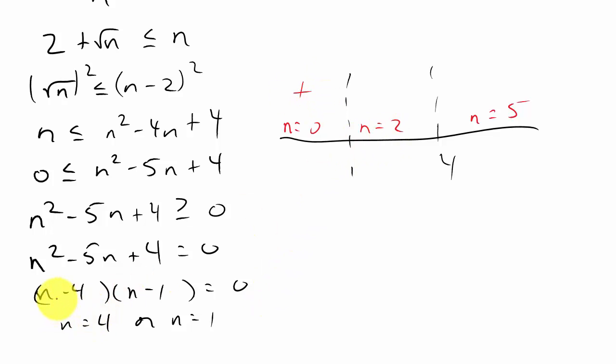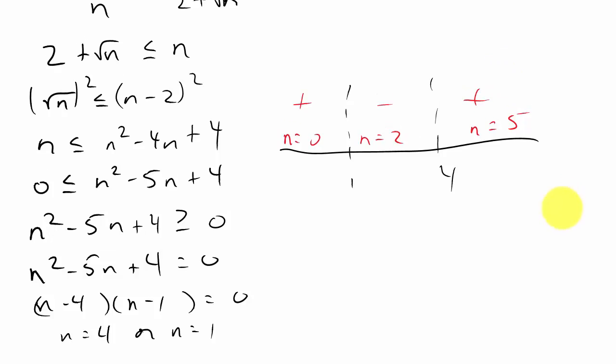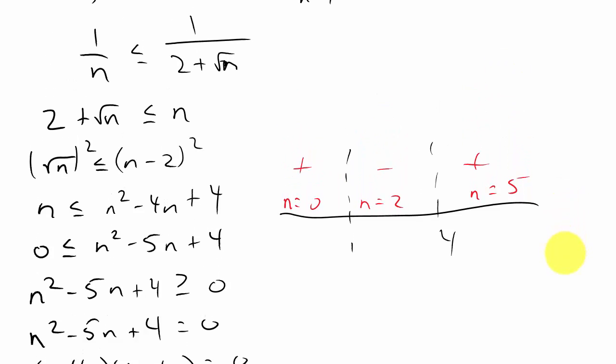Plug the 2 in, that would be a negative times a positive is a negative, and then plug the 5 in, that's a positive times a positive, which is positive. So we can see that this right here is true when n is greater than or equal to 4.